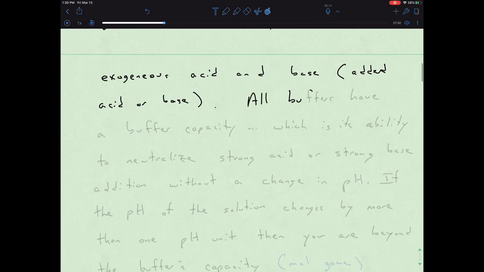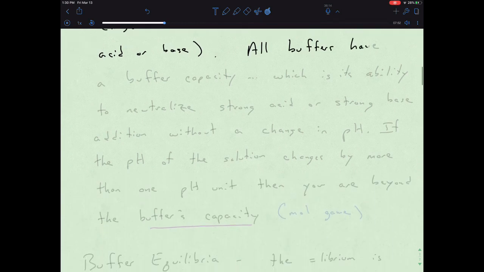All buffers have what is known as a buffer capacity.